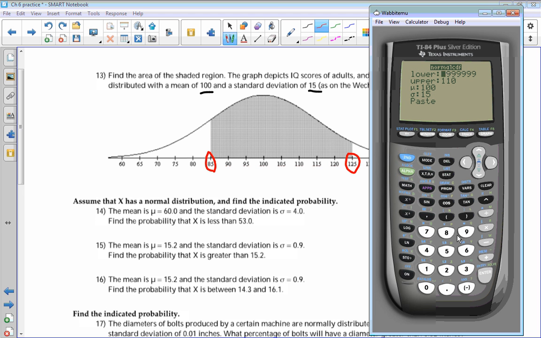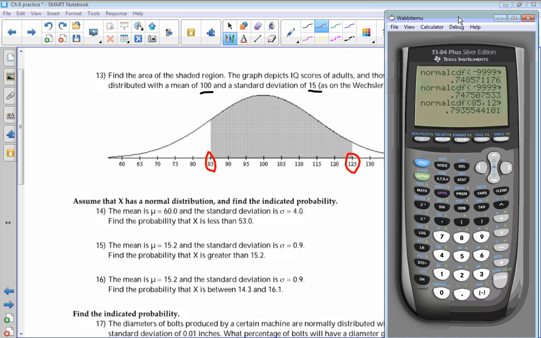My lower end this time is 85. My upper end is 125. My mu is 100, standard deviation is 15. I'm going to go ahead and enter, and I find that to be 0.7936.